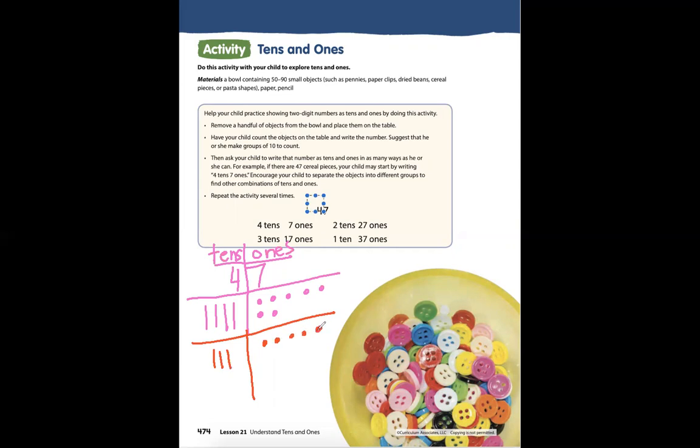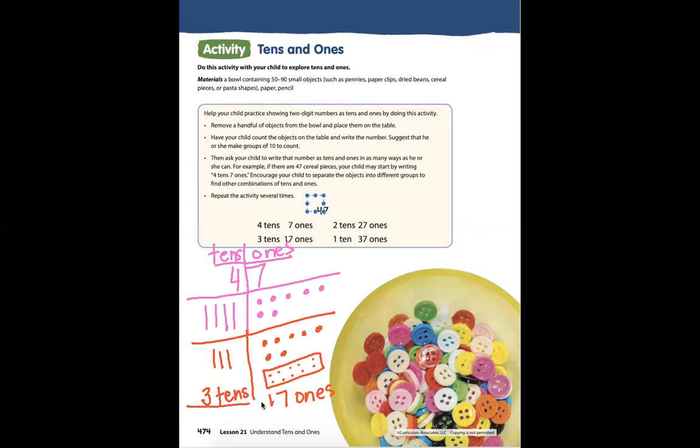But if I took one of these tens over here and moved it over into the group of ones and showed it as a group of 10 ones, so 47 could also be looked at as 3 tens and 17 ones.